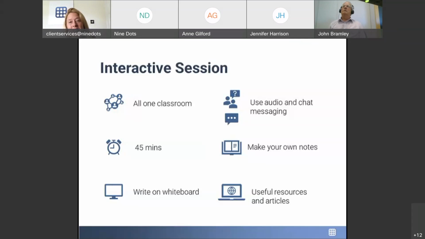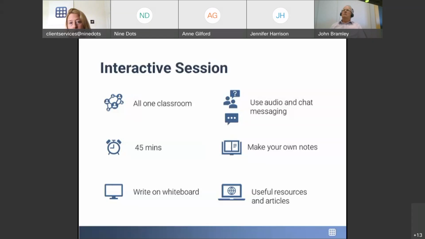With these interactive virtual sessions, we're all in one classroom. We ask you to be on mute unless you're saying something, because we are either at home, in offices, or sometimes on a bus or a train. So pop yourself on mute, and take yourself off mute when you want to say something, answer a question, or ask a question.